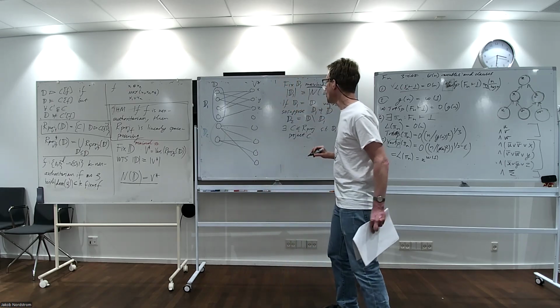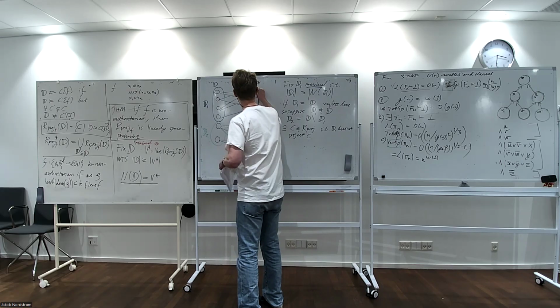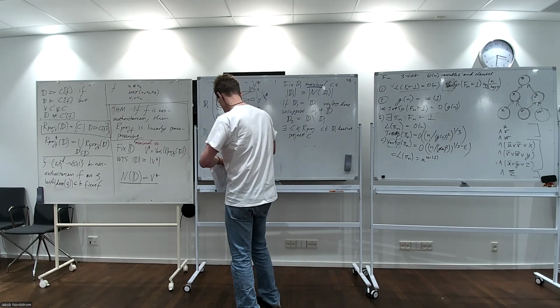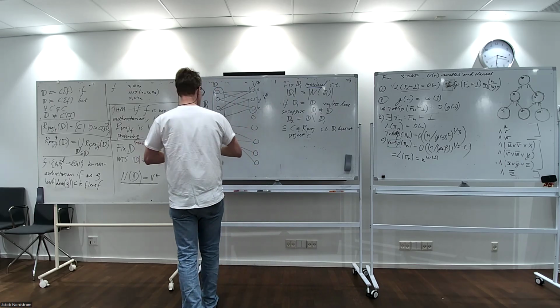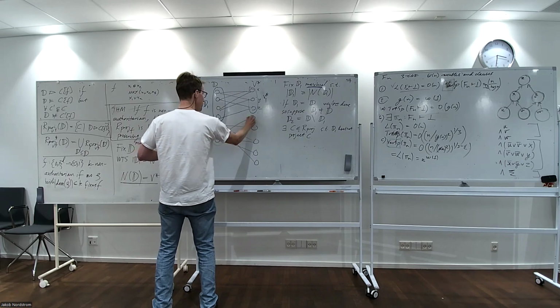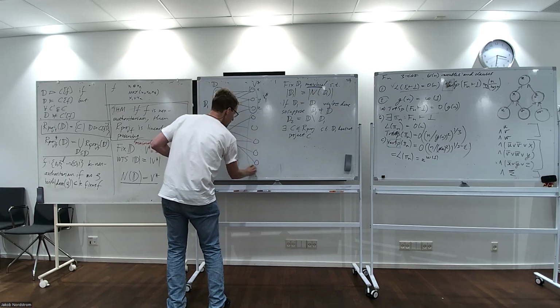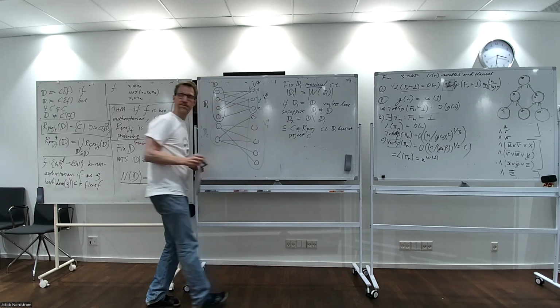Oh, let me also, let me see. The neighborhood here, let me call it V star 1. Let me call everything else, oops, this looks a little funky. Let this be V star.